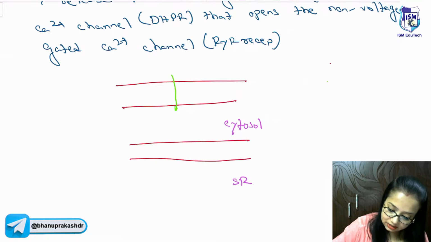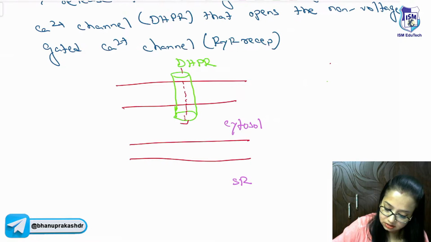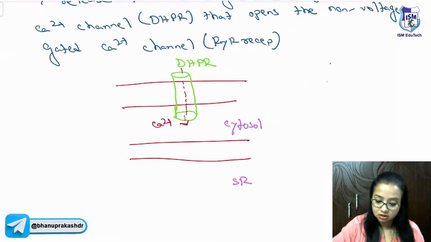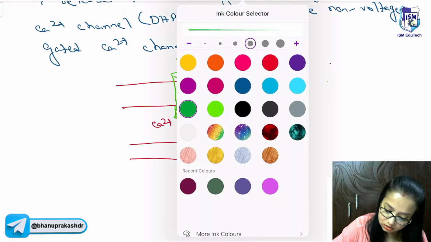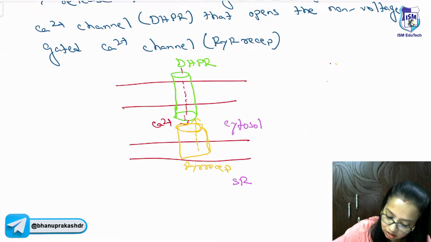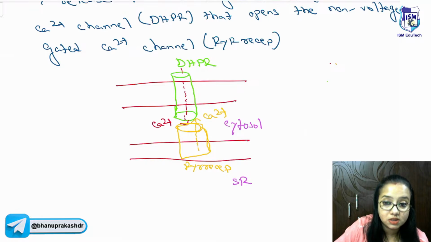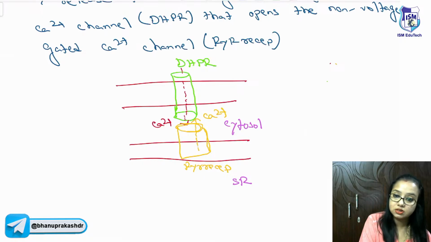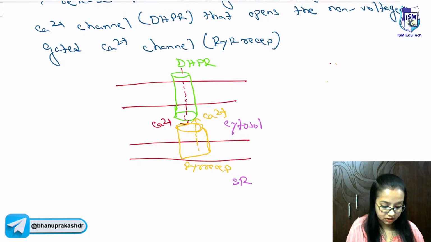Upon excitation, say this is the dihydropyridine receptor, the calcium enters into the cytosol, which causes the opening of the ryanodine receptor, which is a non-voltage gated calcium channel, and this also pulls out calcium from the sarcoplasmic reticulum, and in doing so the calcium induces excitation, and there is physical contact between the dihydropyridine as well as the ryanodine receptor.